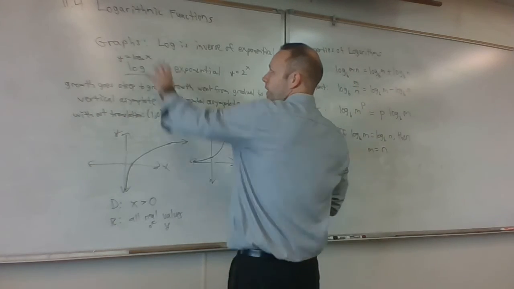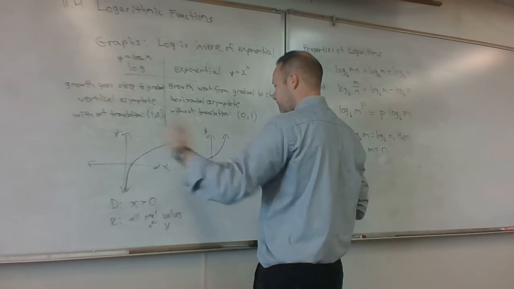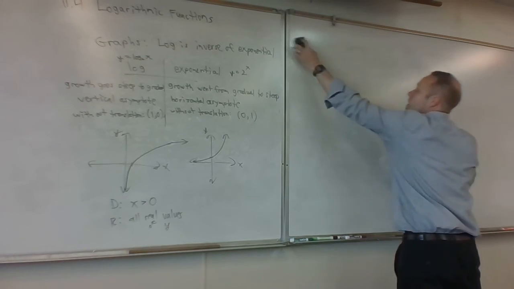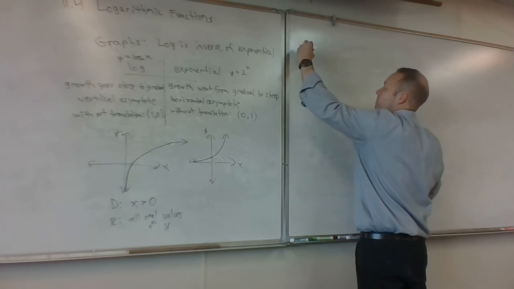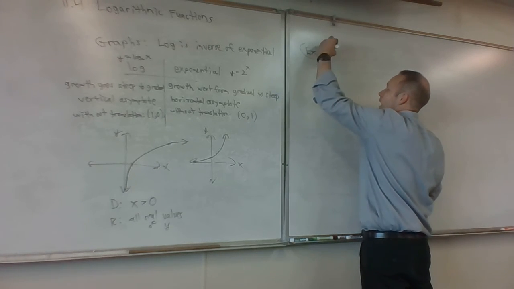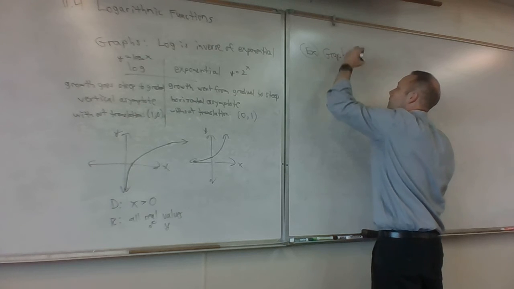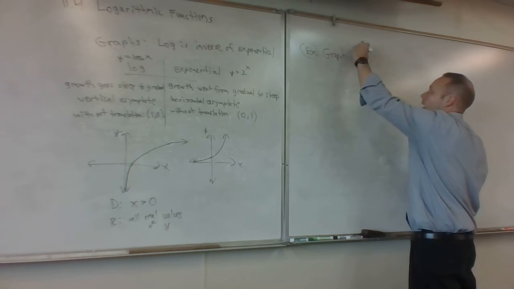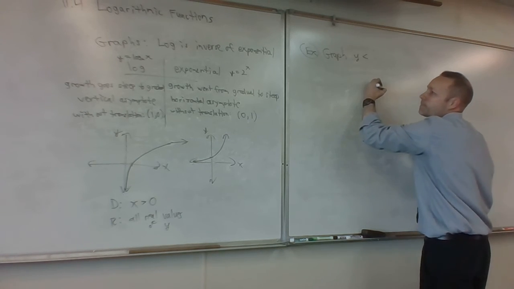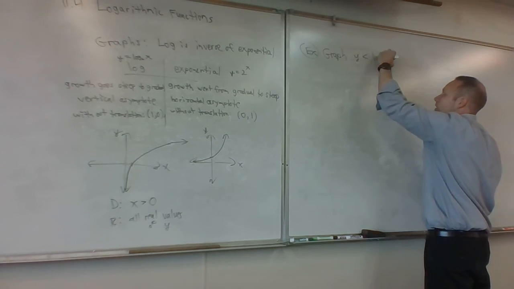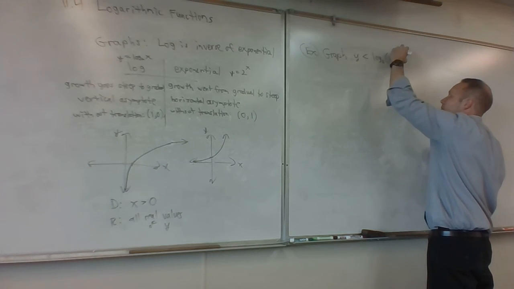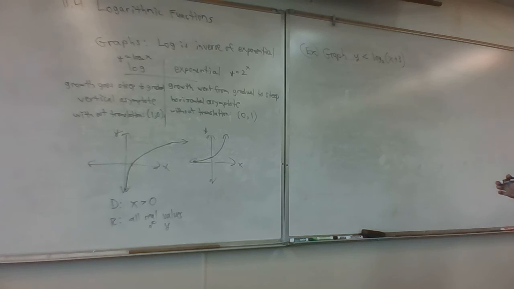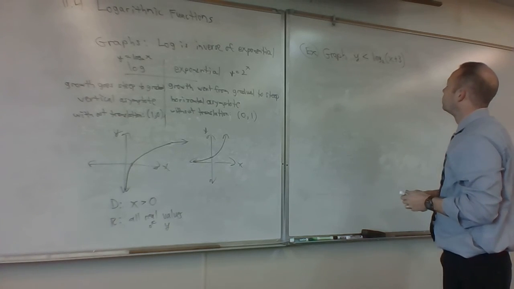Okay, so if we're in this logarithmic form, the same rules apply for translations. So, for example, if we had something like this, let's say graph y is less than log base 2 of x plus 3. Okay, well here's what I know.